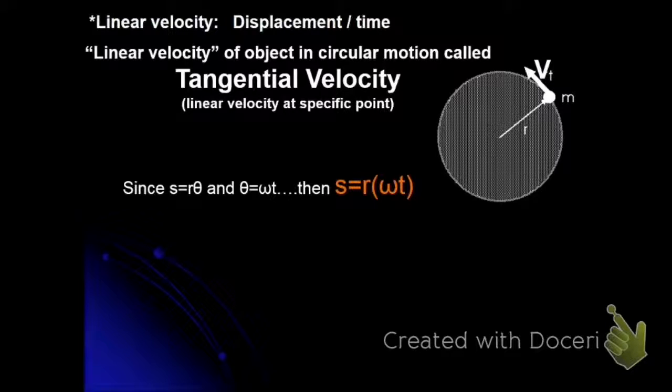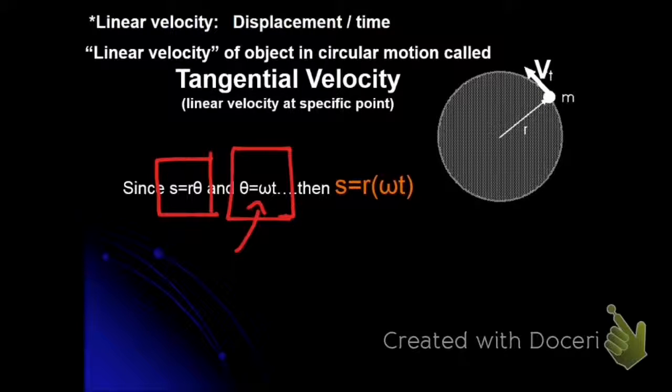We can derive this equation by using things we already know. We know that s equals r theta, which is sort of a displacement, a distance, and that theta equals angular speed times time. That's just a rearrangement of the angular speed. So then we can rewrite that as the arc traced out by a circle is equal to the radius times basically how fast it's spinning times how long it's been spinning.